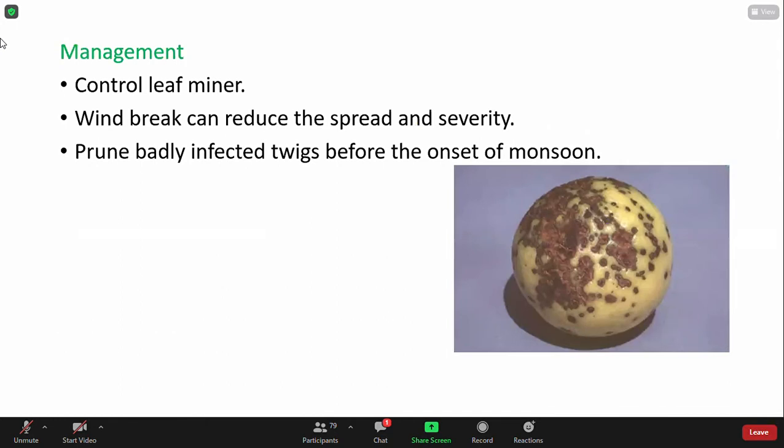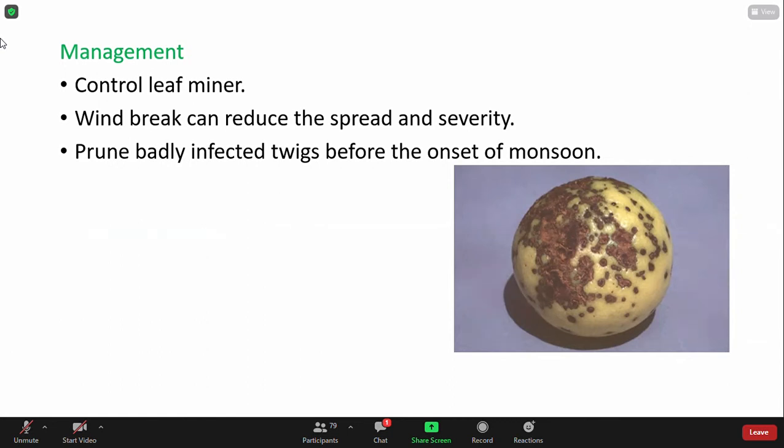How can we manage the disease? We have to control the leaf miner, because the leaf miner attack leads to this disease. And windbreak can reduce the spread and severity, because the windbreak reduces the velocity of the wind.